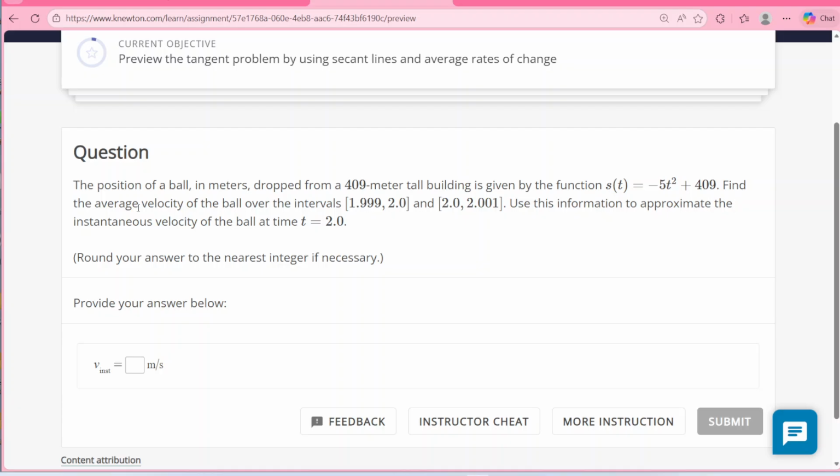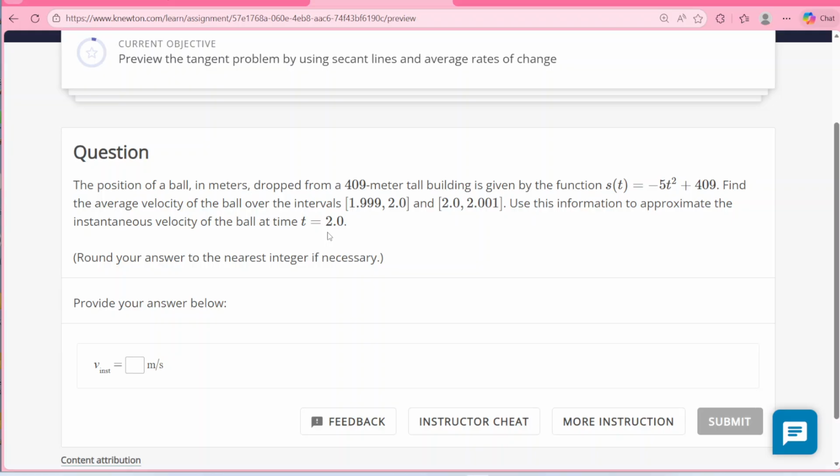Find the average velocity of the ball over these two intervals. And then use this information to approximate the instantaneous velocity of the ball at 2 seconds. So notice the word instantaneous showed up, and it was only at a particular value.